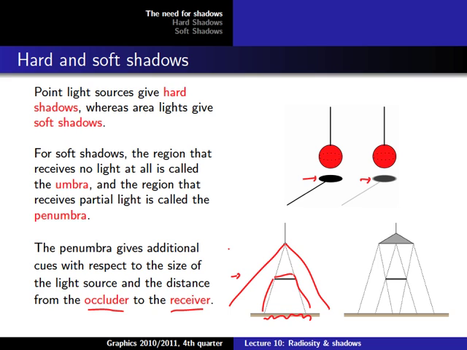Now for soft shadows, you can imagine that if you have a bigger light, then the borders here are not strict, because at this part there is light coming in, but from that side there is not as much light coming in.